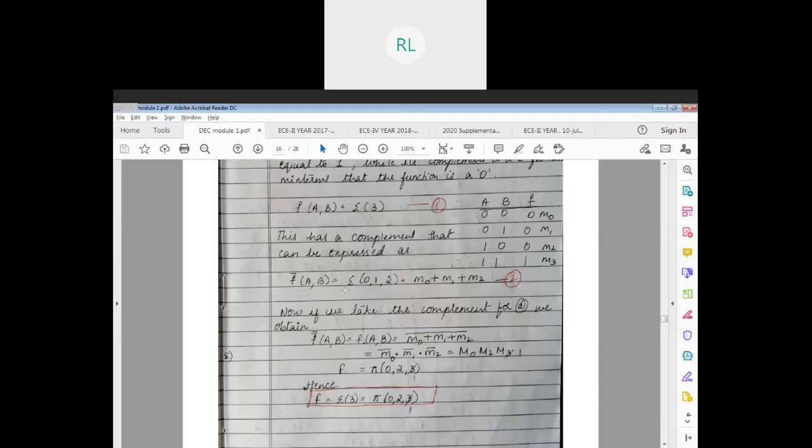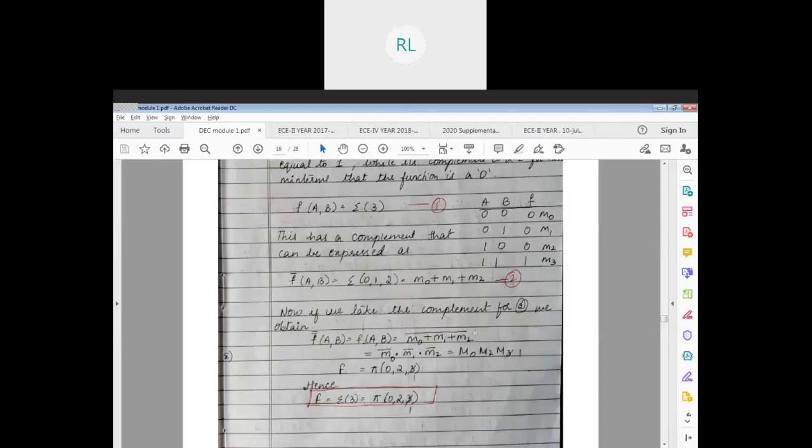Okay, fine. Moving forward. So we will be taking a complement. I have taken a complement. So f bar is nothing but my 0, 1, 2. Now I have to put that bar here, right? I have to put that bar, which means I have to take another complement. So if I take another complement, what is happening?